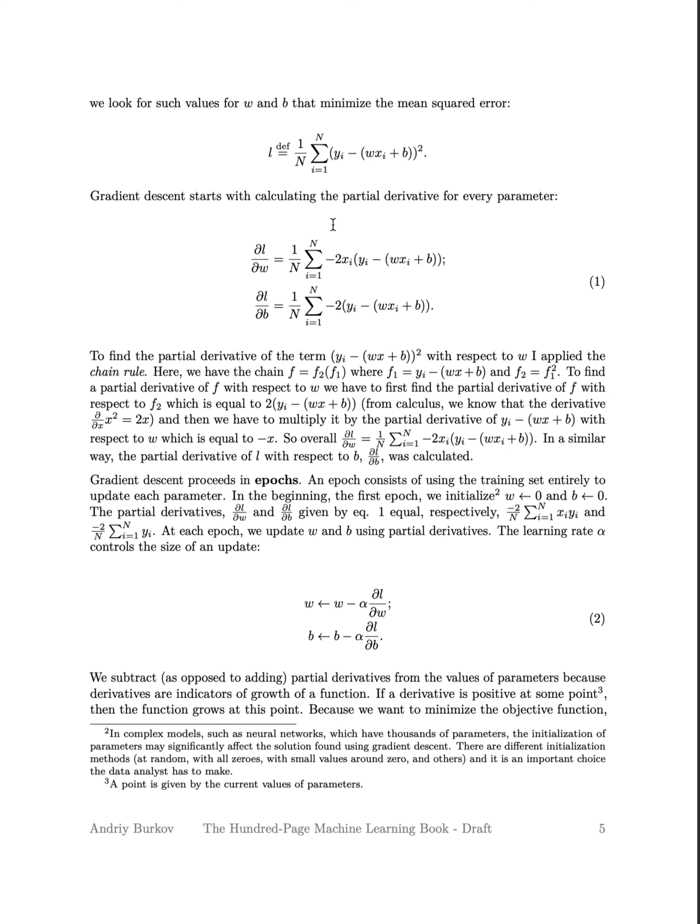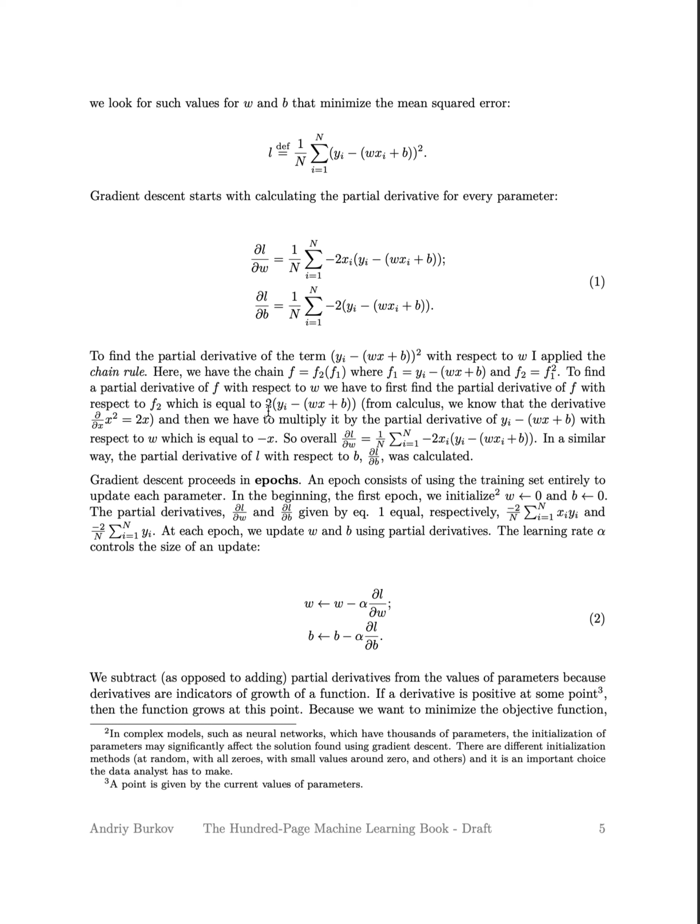To find the partial derivative of this term with respect to our weight, we apply something known as the chain rule, right? So here our f1 is this, y minus wx plus b, and to find the partial derivative of f with respect to w, we first need to find the partial derivative of f with respect to f2.